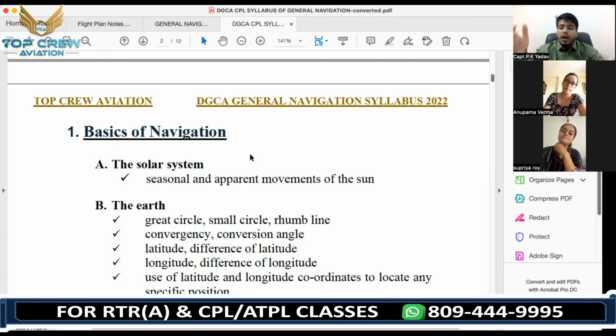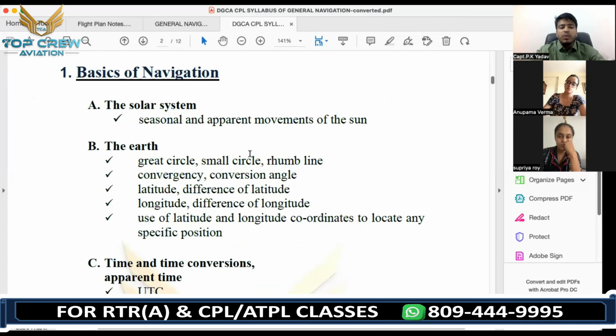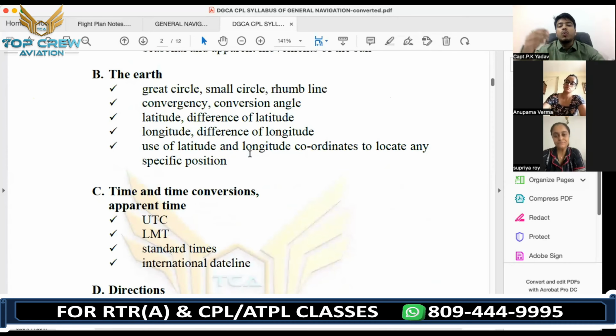Why does it happen? Because that plays a major role in flying too. Whenever it's rainy season, you have to fly with a different attitude. Whenever it's hot, there is a major impact on the aircraft's performance too. We'll cover that too. Then we would study what is Earth, what is the shape of Earth.